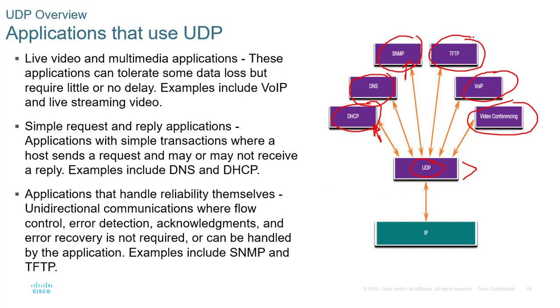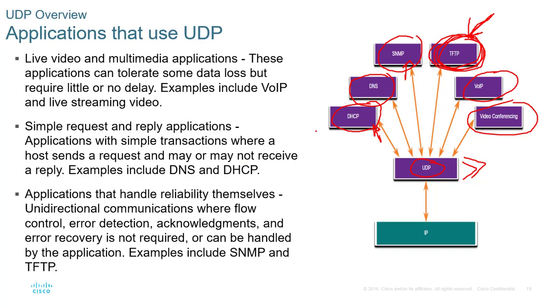Now, with an application like the trivial file transfer protocol, you're moving files between hosts, so you do need those files intact. Instead of having the transport layer protocol providing the reliability, TFTP has its own built-in sequencing and flow control built into the application itself.